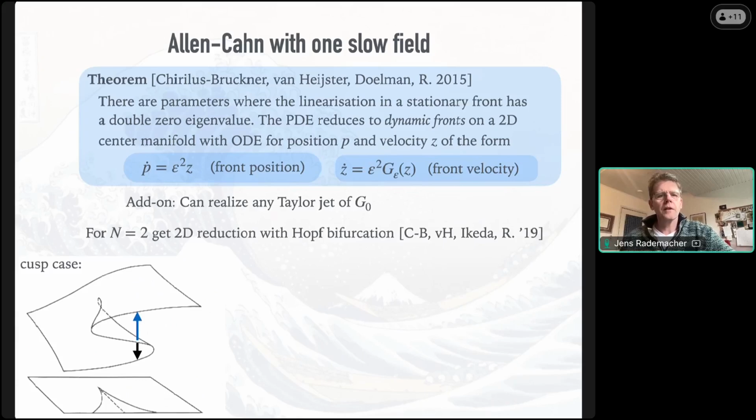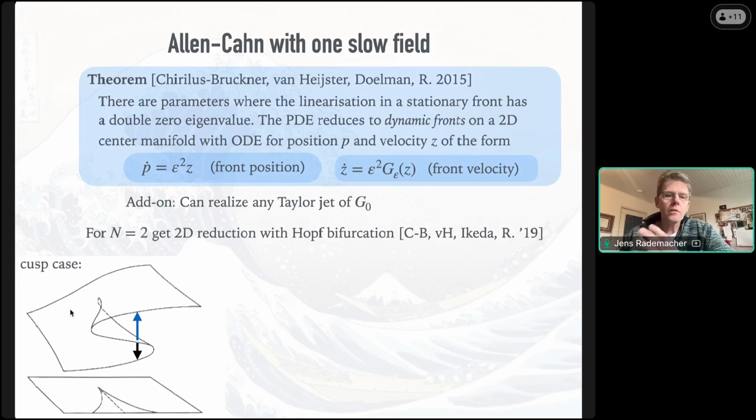Okay, so let me look at a particular case. So I said earlier that for the existence problem, we can embed any singularity. In particular, the simplest one maybe is the so-called cusp singularity, which can be kind of geometrically formed like this. So we have a solution surface of this equation, which is on this side here, just monotone. So there's a unique solution for every parameter. So these 2 dimensions here mean 2 parameters of the problem.